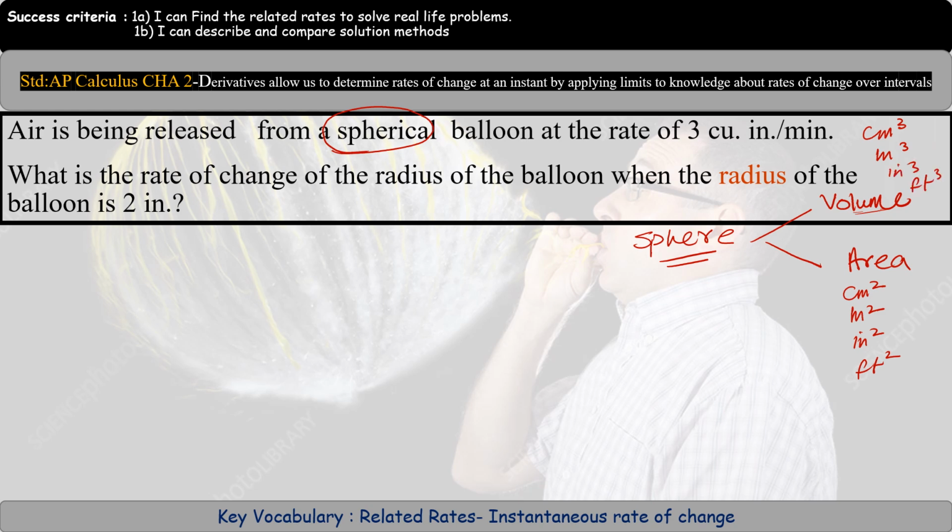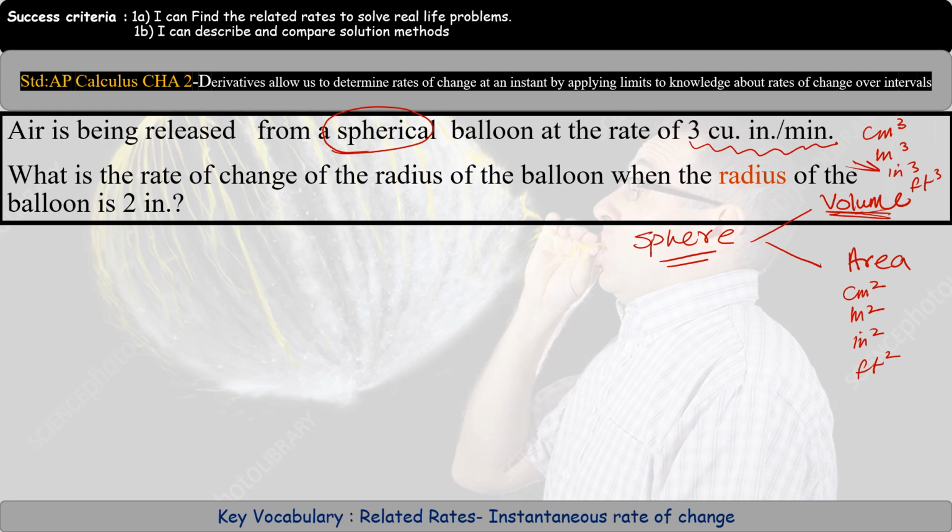Now read this again and try to find out whether they are talking about volume or area. Air is being released from a spherical balloon at the rate of 3 cubic inches per minute. Yes, they are talking about volume, because inch cube means volume.